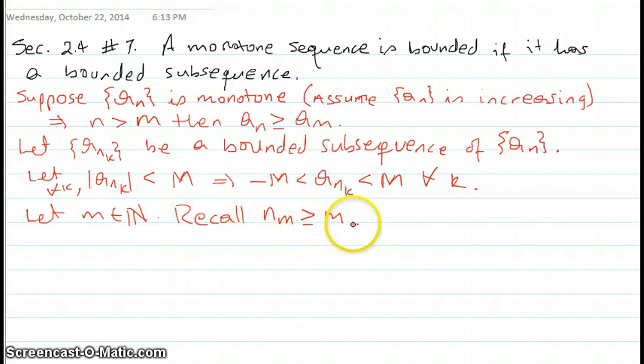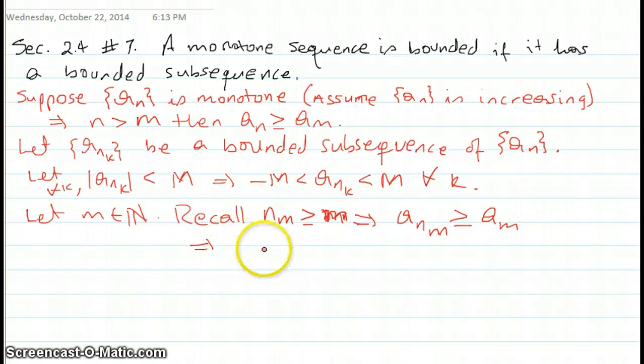And therefore a_{n_m} is greater than or equal to a_m. It's supposed to be little m, so that a_m, which is less than or equal to a_{n_m}, is less than the capital M that I had for the bound of the subsequence.